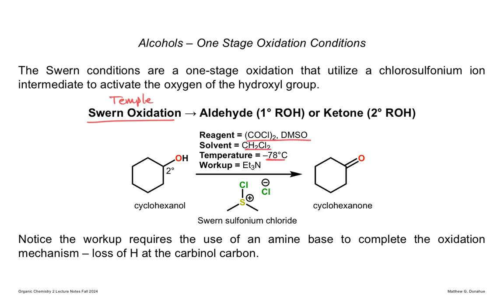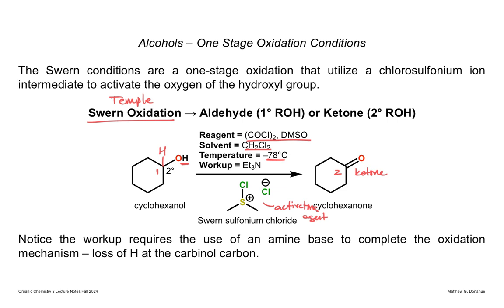You have to use colder temperature, but what it generates is this is the activating agent. Again, it transforms that H into a good leaving group. That hydrogen gets eliminated. So oxidation state 1 to 2, so you end up with a ketone.